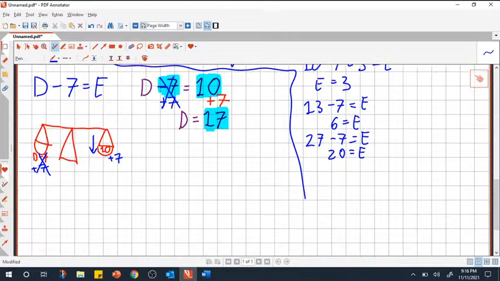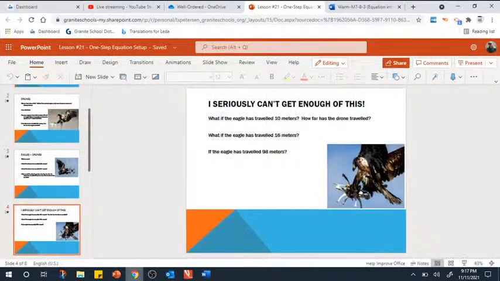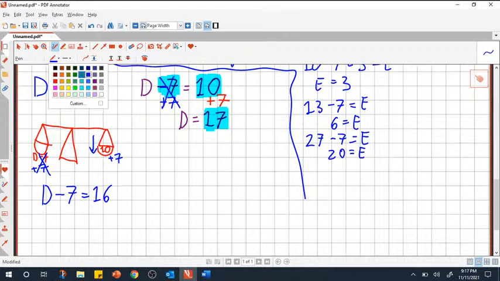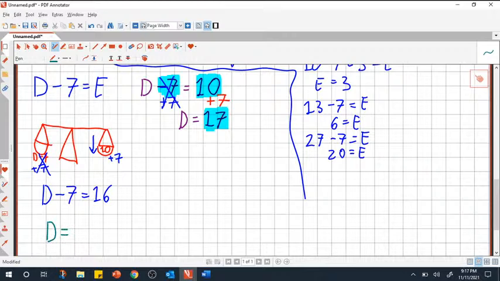On a similar token, I think I asked you also about when the eagle's gone 16. So that would be, again, the distance the drone has gone minus 7 is equal to 16. Now, I would look at that and say, I need to get rid of this minus 7 because I want to know what d is. I need that d to be by itself. To get rid of a minus 7, I'm going to add 7.